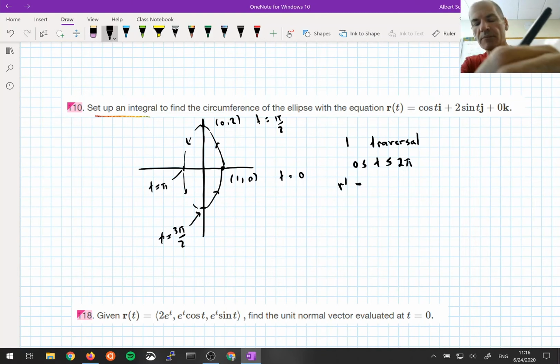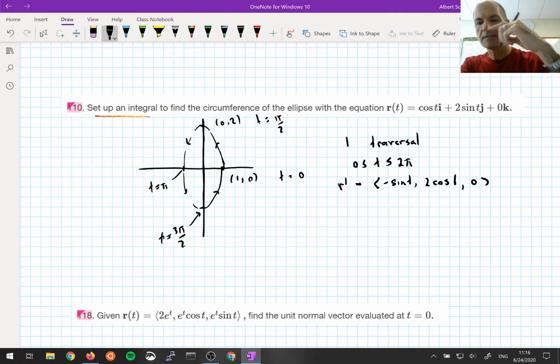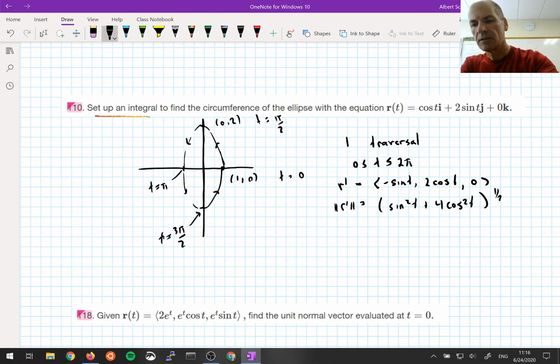because we know that we need the magnitude of r prime. r prime is just the derivative component-wise, so minus sine t, 2 cosine t, and 0 in the last slot. So this curve is sitting in the xy plane. There's no k component. The magnitude of r prime is the square root of sine squared t plus 4 cosine squared t plus 0, like that.